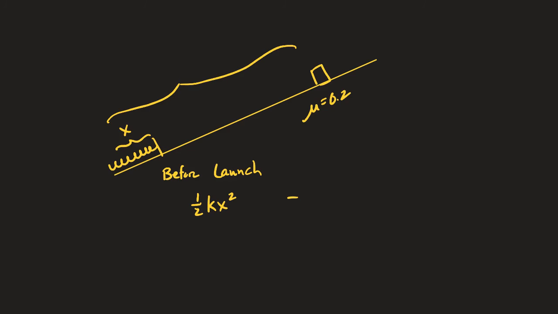After the box is launched, the box slides up the ramp and attains some height above the reference level, which means the box acquires potential energy equivalent to mgh. However, we know that mgh is less than 1/2 kx squared.